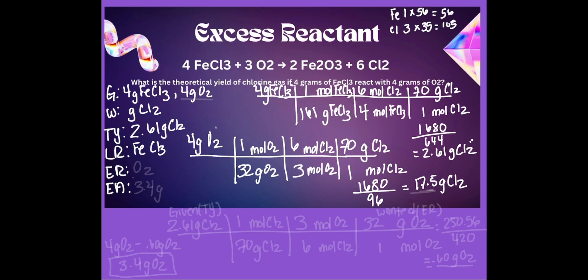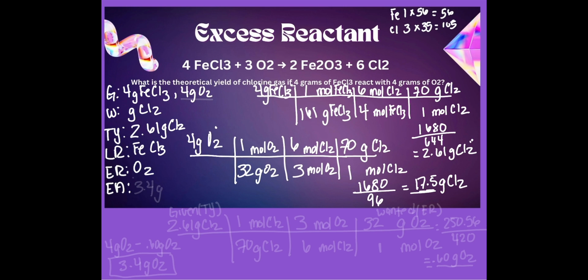Now, since FeCO3 is your limiting reactant, your excess reactant is going to be the reactant that you started with that helped you get to the larger value. Okay. So in this case, it is O2.